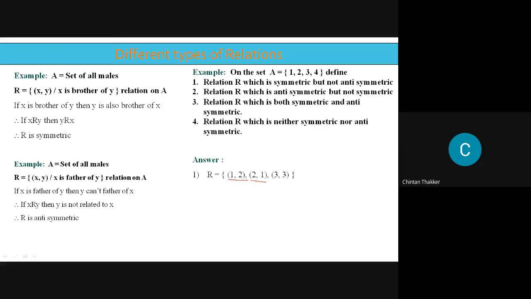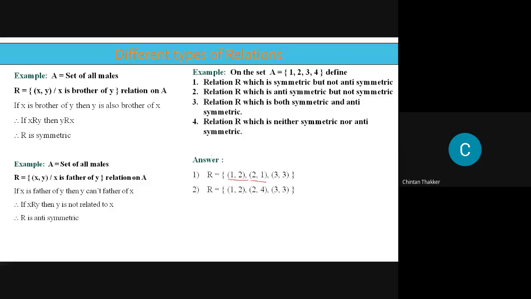Now, when we require the anti-symmetric relation, then we do not consider the reverse ordered pair in the subset. So we take R equal to 1, 2, then we eliminate 2, 1 because we require the anti-symmetric relation. So we replace 2, 1 by 2, 4. So the reverse pair of 1, 2 is not in R. The reverse pair of 2, 4 is also not in R. And in 3, 3, both elements are same, so no need to check 3, 3.